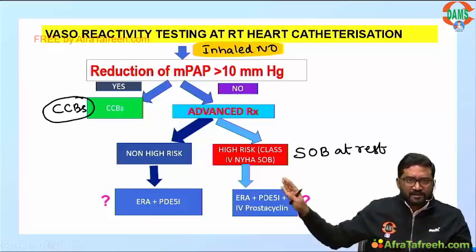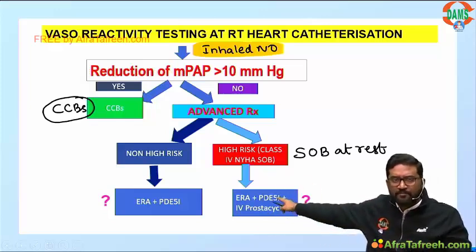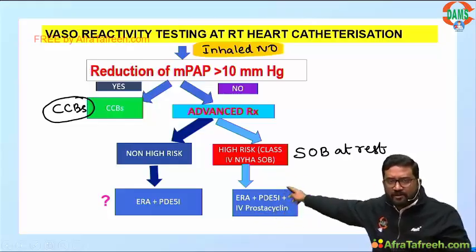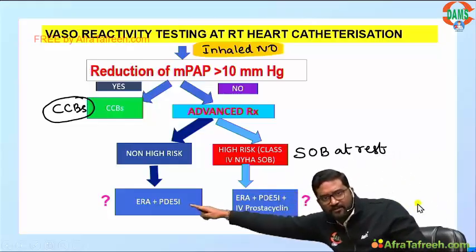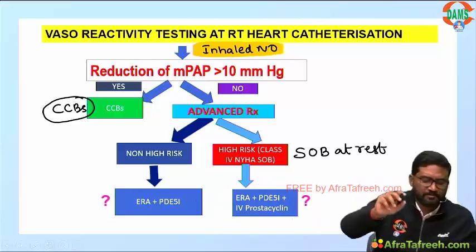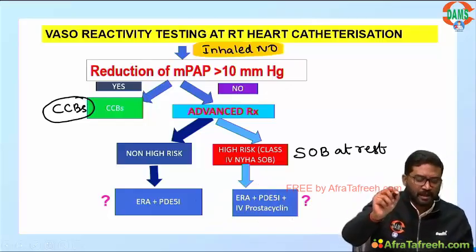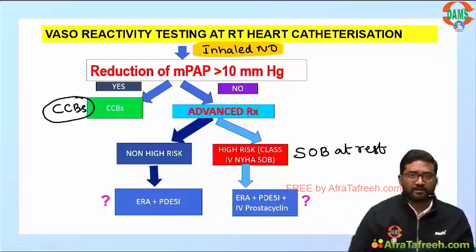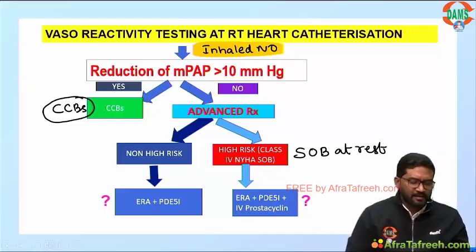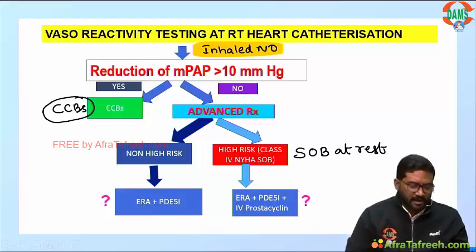If he is a very sick patient, along with tablets, you give injections. If he is not so sick, only tablets will be sufficient. The most important tablet is the endothelin receptor antagonist. So ERA means endothelin receptor antagonist.